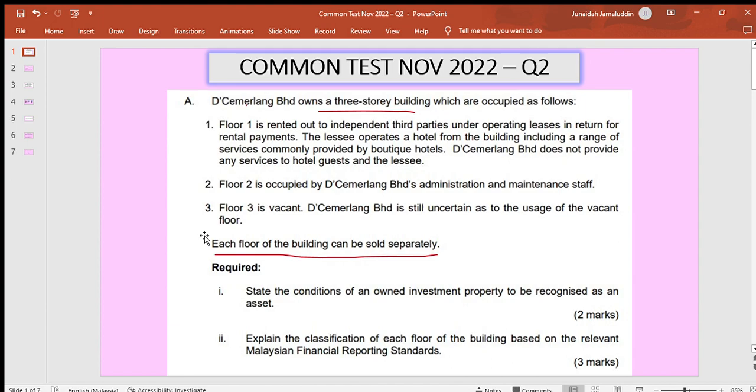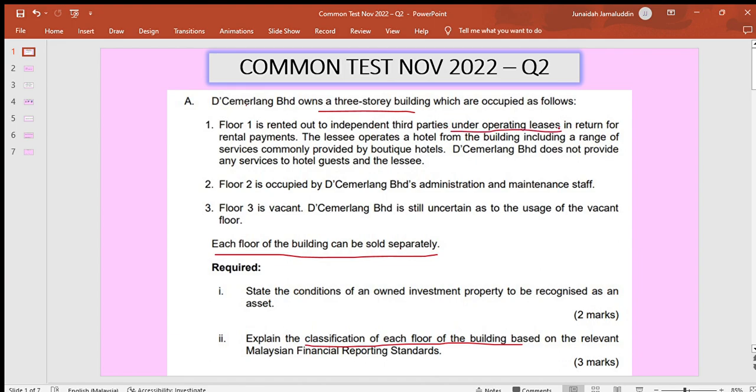For question 2, you are required to explain the classification of each floor of the building based on the relevant MFRS. We need to classify each floor of the building. So for floor number 1, it is mentioned that floor 1 is rented out to independent third parties under operating lease.